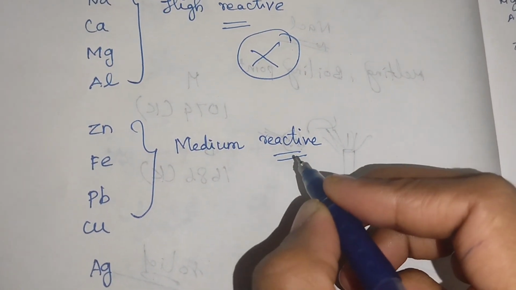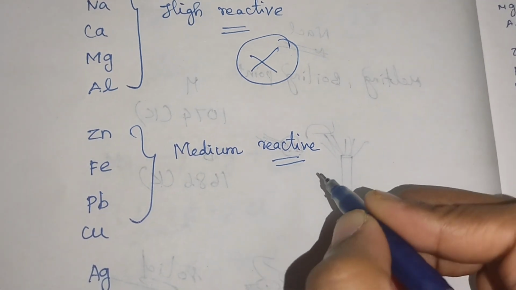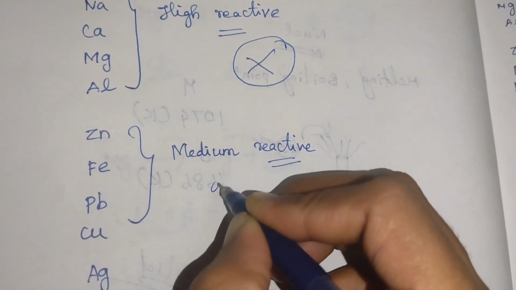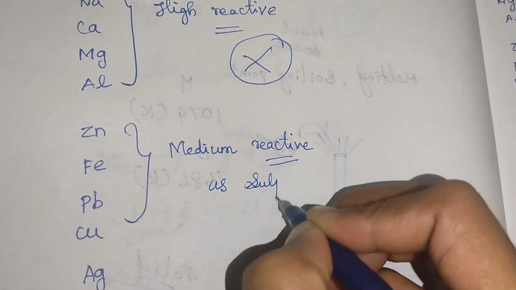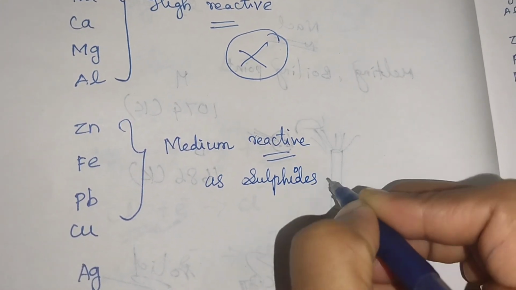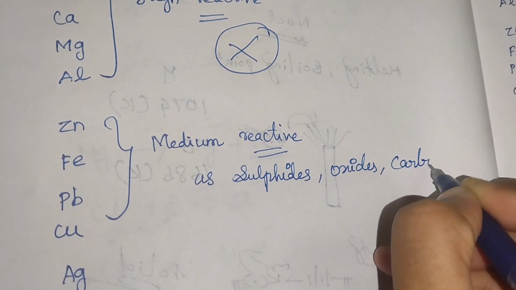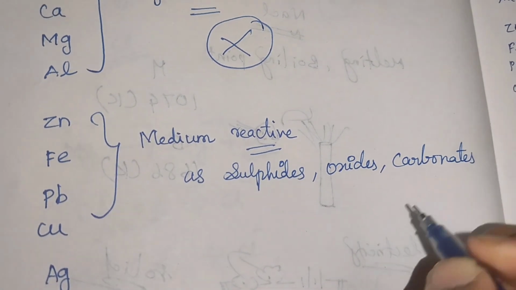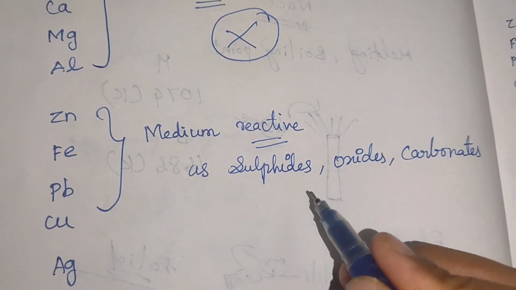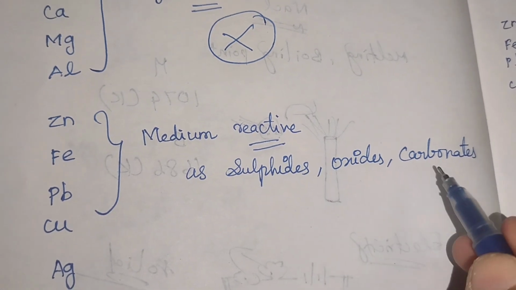We cannot separate these metals directly from the earth crust, but we can separate them as their sulfides, oxides and carbonates.